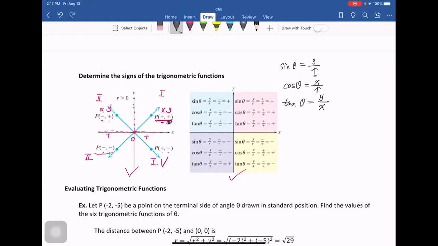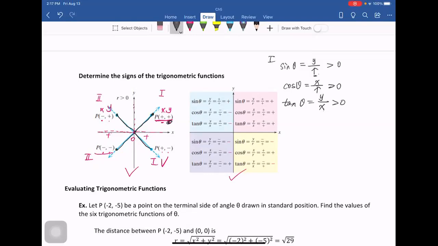It's the length from the point P to the origin, so it's always positive. So sine is positive in the first quadrant. Cosine theta, x in the first quadrant is positive, so it's greater than 0. Y over x, they are both positive, so it's greater than 0. This is the first quadrant.